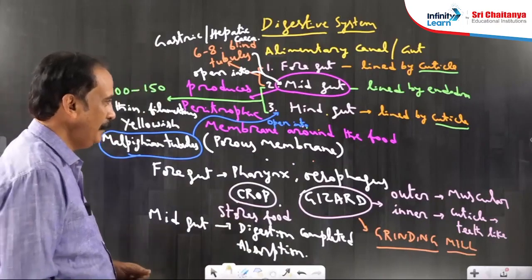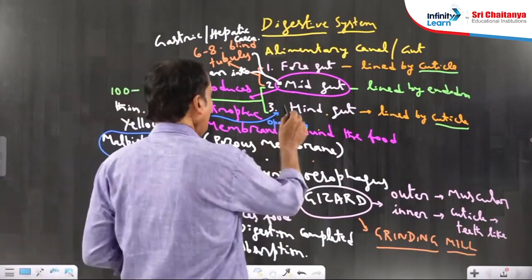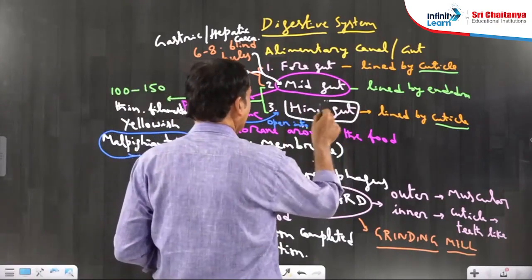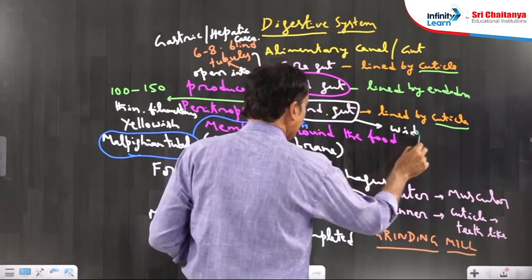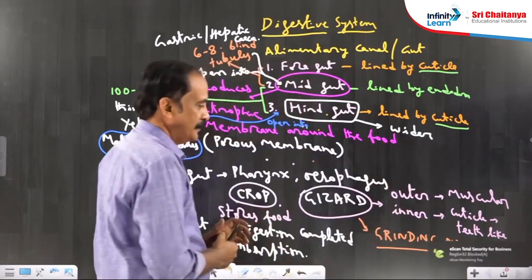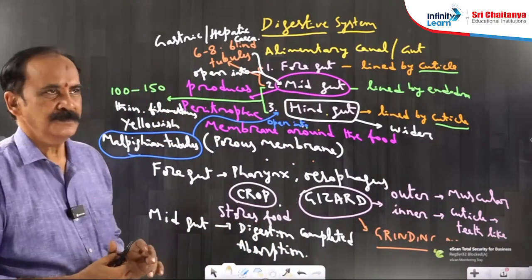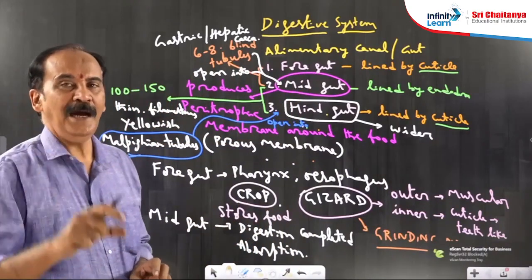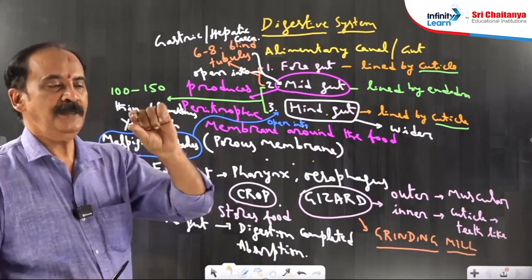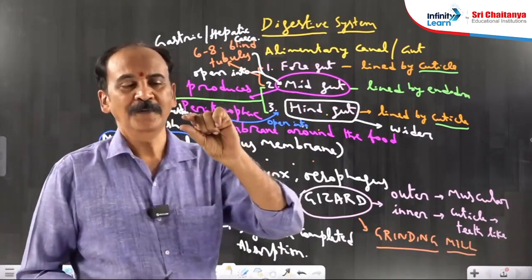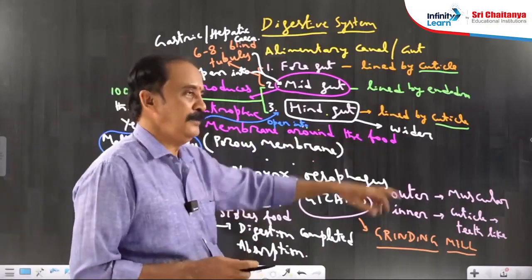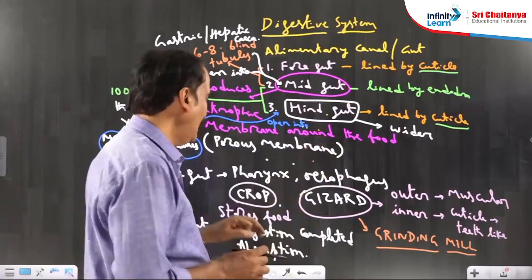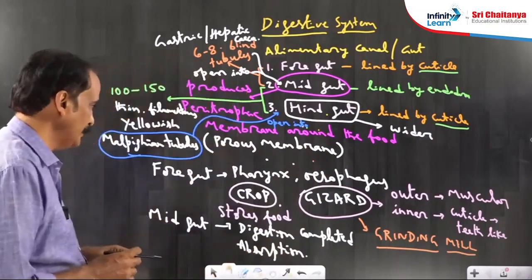And the hindgut is comparatively wider than the midgut. Wider means it has a larger lumen compared to the midgut. The midgut is a bit narrow, having a small lumen. The hindgut is wider because the lumen is somewhat larger than the midgut.